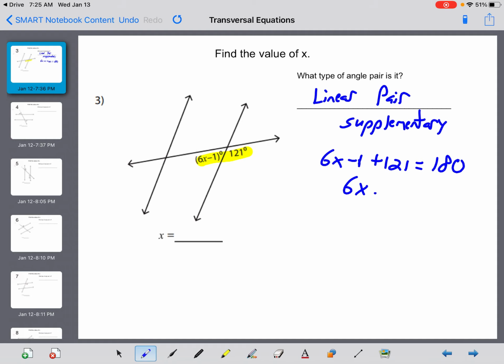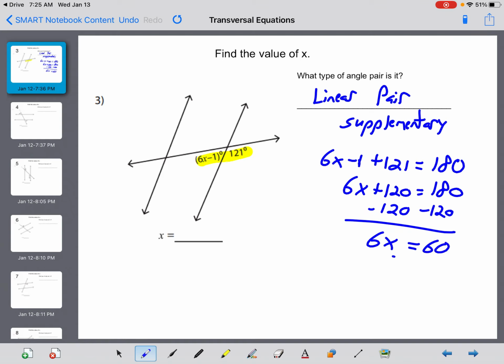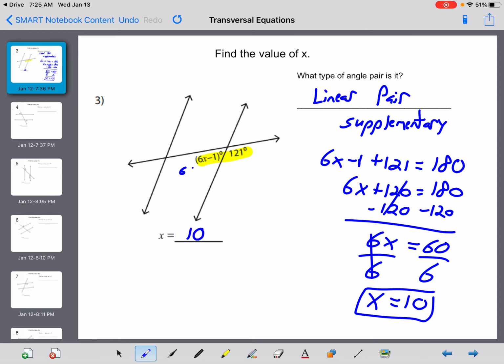Combine your like terms. 6x plus 120 equals 180. Minus 120 on both sides. 6x equals 60. Divide both sides by 6, and x equals 10. Plug in. 6 times 10 minus 1 is 60 minus 1, which is 59 degrees.